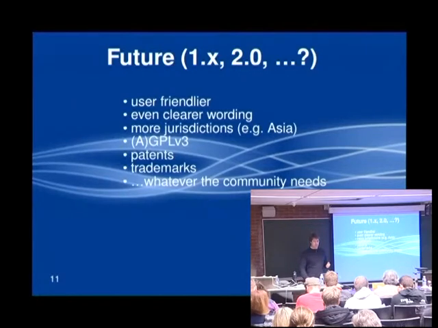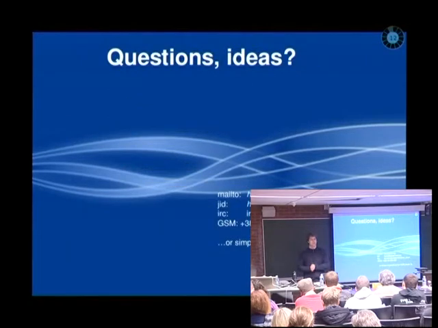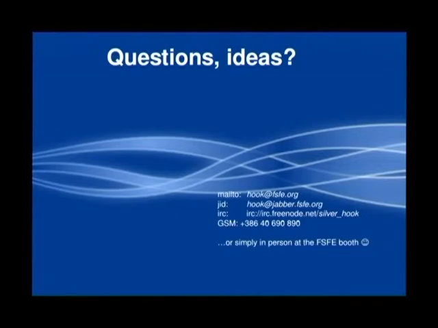And we also want to tackle new problems that we didn't anticipate back then, like patents and trademarks, and basically whatever the community needs, which also means that I'm open for questions and ideas.